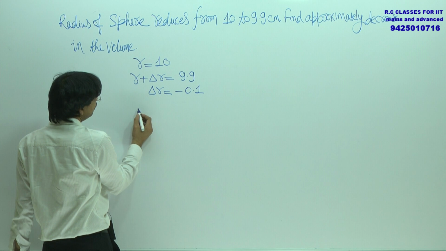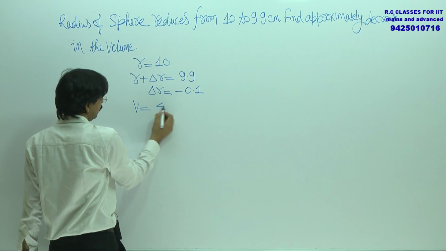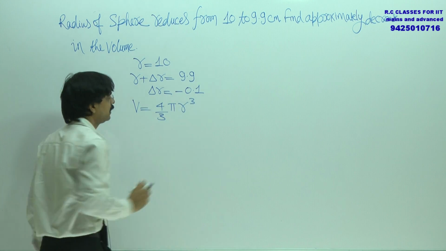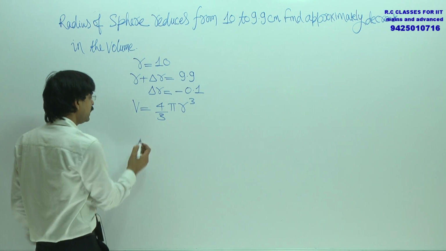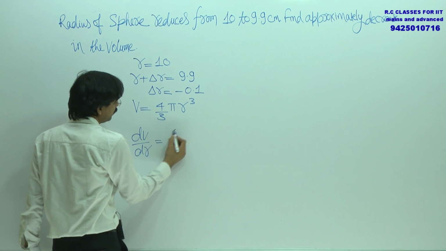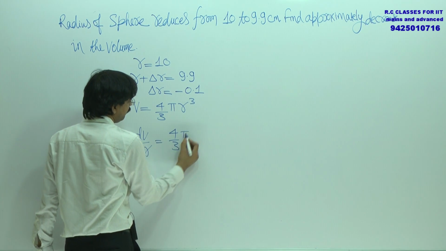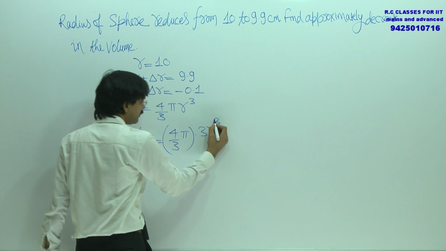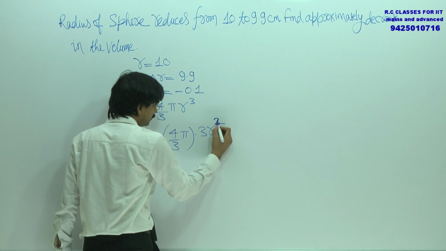Volume of that sphere is given as 4/3 pi r cube, right? So dV by dr, if I differentiate that volume with respect to r, it is 4/3 pi into 3r square, which is the derivative of that function.